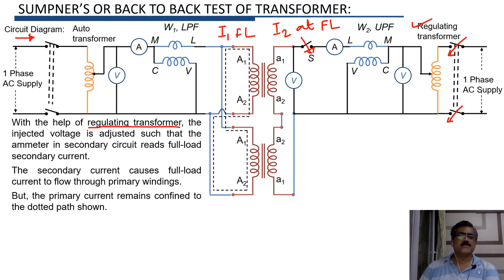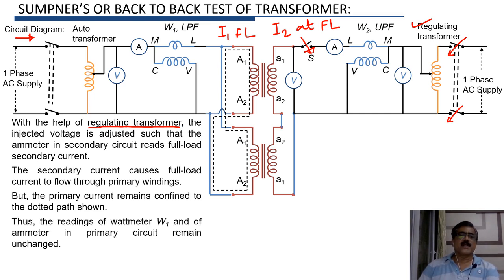Means the current shown by the ammeter is again 2 times the no load current, even if the current flowing through the primary is full load current. Similarly, the wattmeter reading W1 is equal to 2 times the iron loss in the transformer, even if the full load current is flowing on the primary side, because the current is confined to this dotted path only.